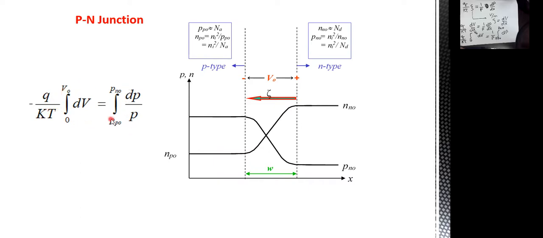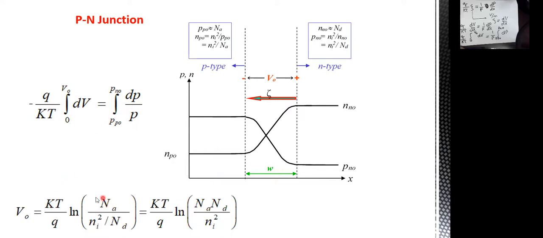Using this equation, you can calculate a term that describes the built-in potential, which is kT over Q, which is, if you remember, the thermal energy, and this value is equal to 25.9 milli electron volt at room temperature, times ln of NA ND over ni squared.